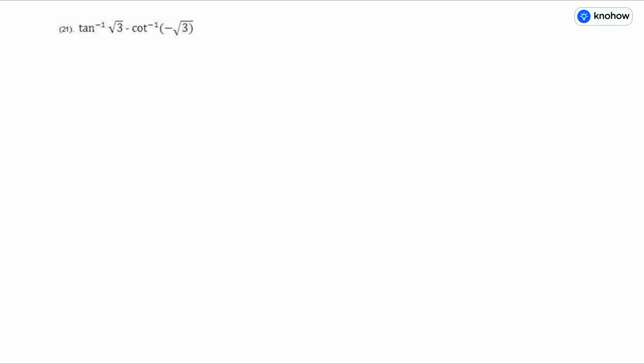Now look at this question very carefully. It is tan inverse of root 3 minus cot inverse of minus root 3. Tan inverse root 3, easily we can work out. What is that angle whose tan is root 3? You know, pi by 3. So that is not a problem. But let's see how to find the value of cot inverse of negative root 3, or in general cot inverse of negative x.